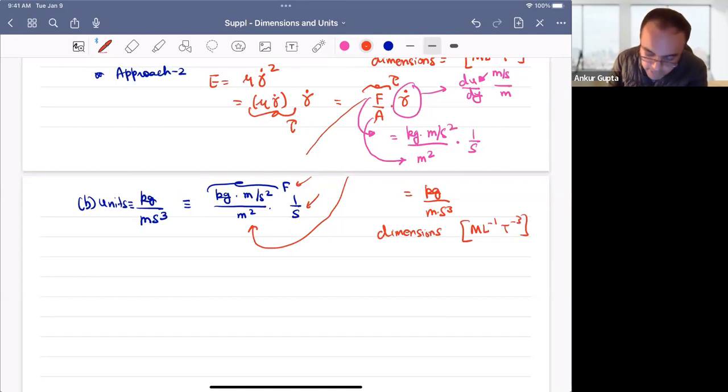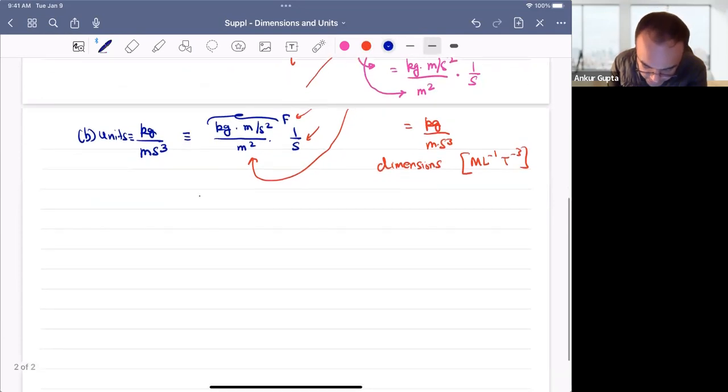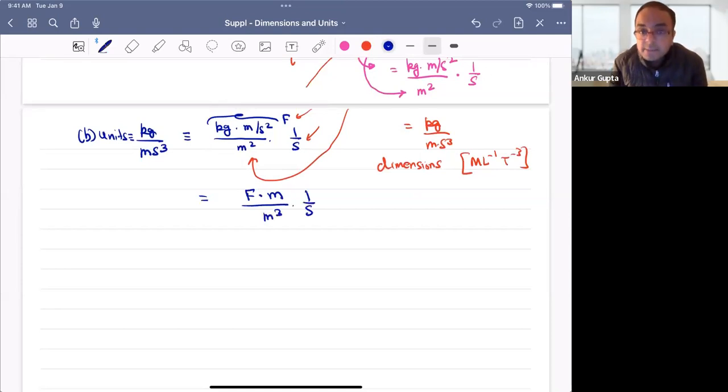However, I can remember something else: I can say this is force times meter by meter cube, into 1 by second. And please don't worry about how I'm doing this. This is just to show you some of the art behind units and dimensions.